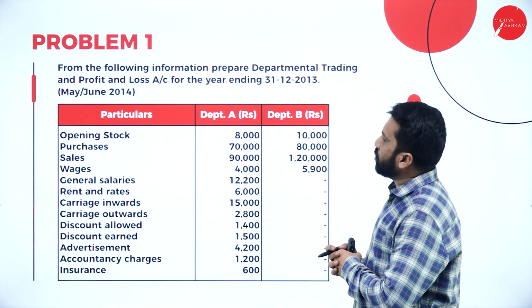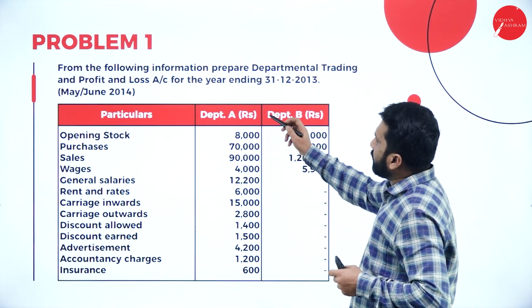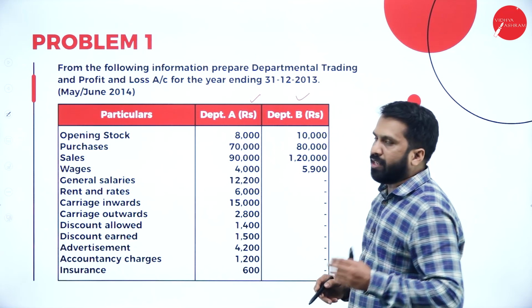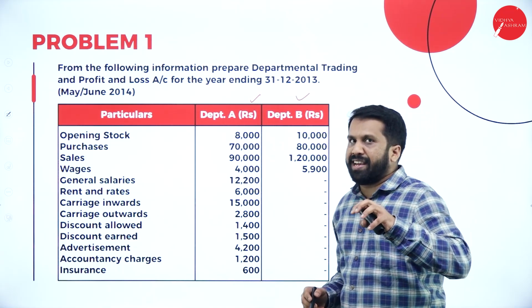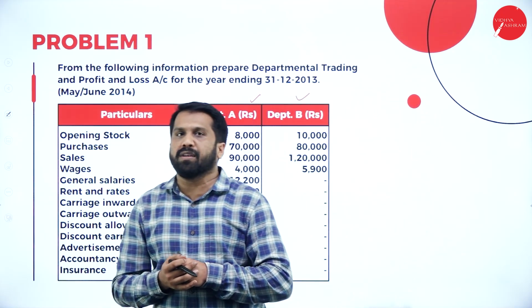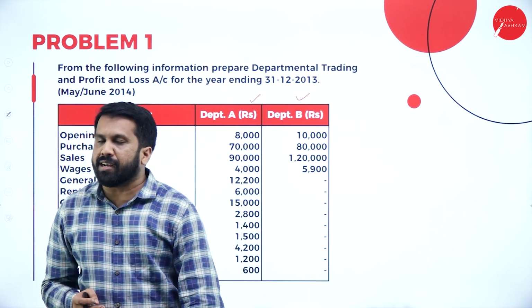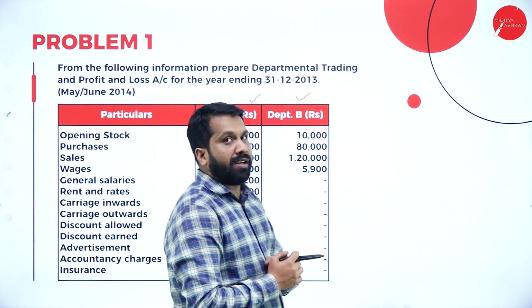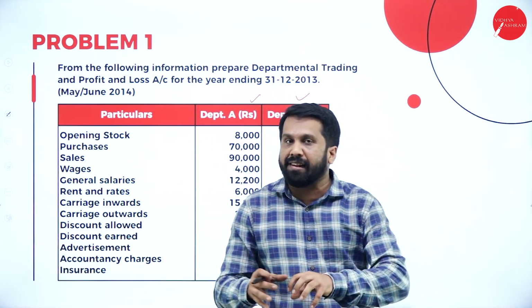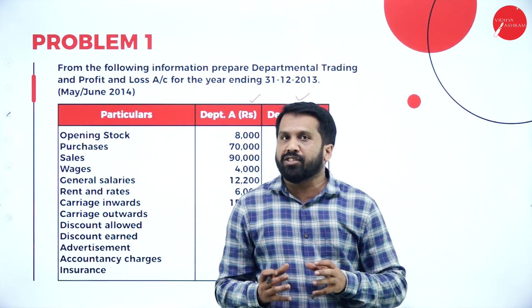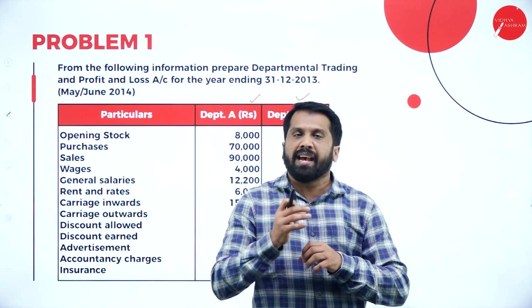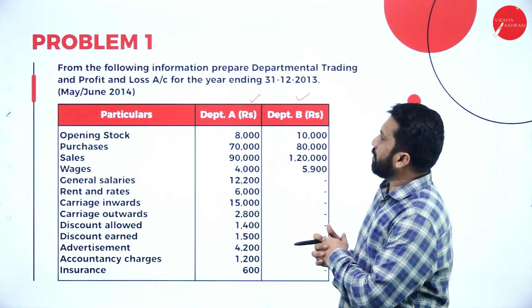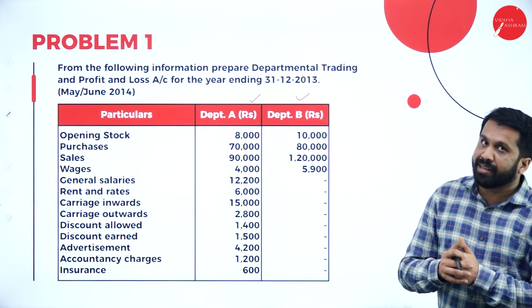Opening stock, purchases, sales. All these things they have given individually for A and B. A few expenses they will give, for example, rent. How do you divide rent? Very simple. Rent has to be divided according to the area occupied, how much space you have used. According to that, your departmental accounting is to be done.